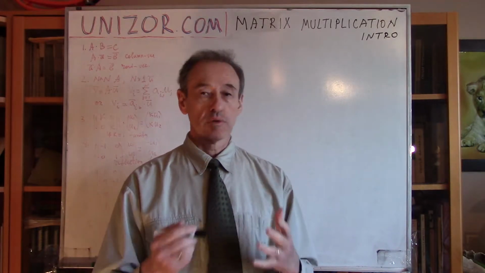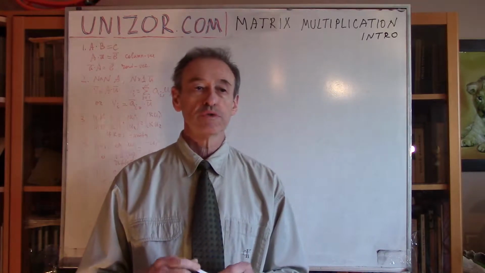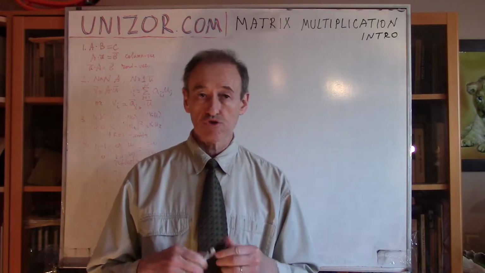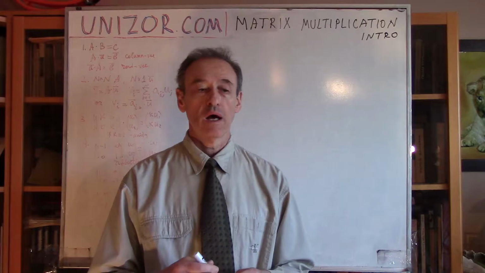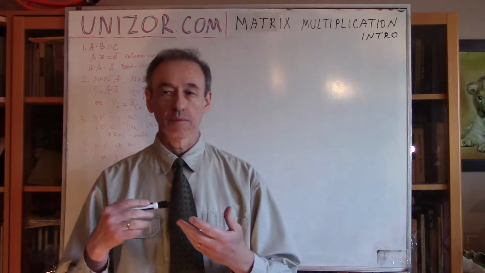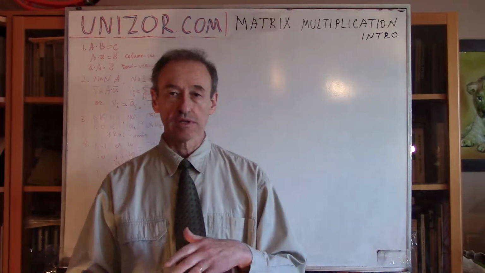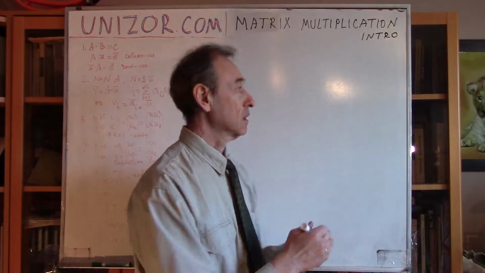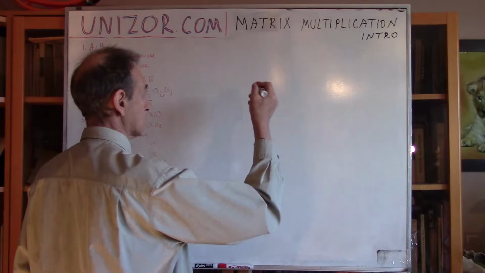So, if you remember, we have introduced matrices as just a convenient way to show how one particular vector is transformed into another. Now, let's just give you an example.